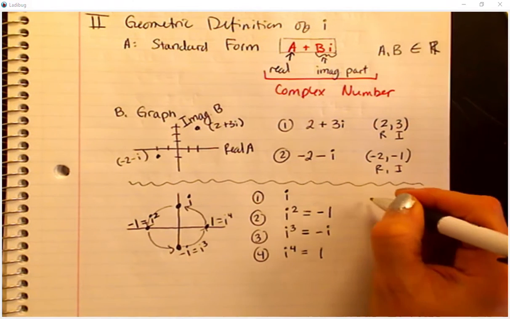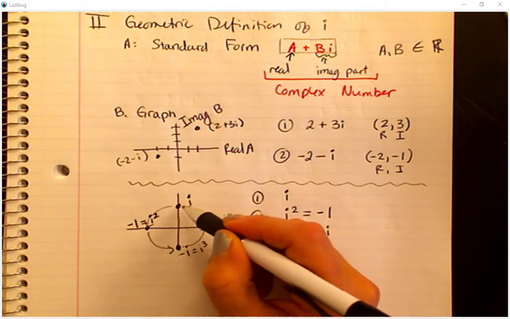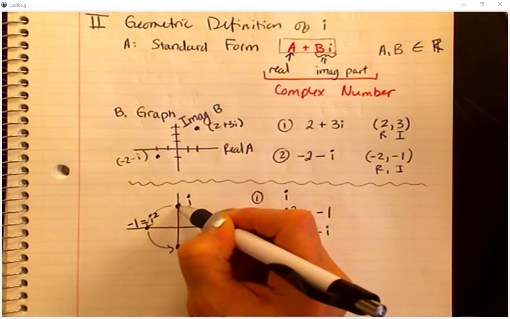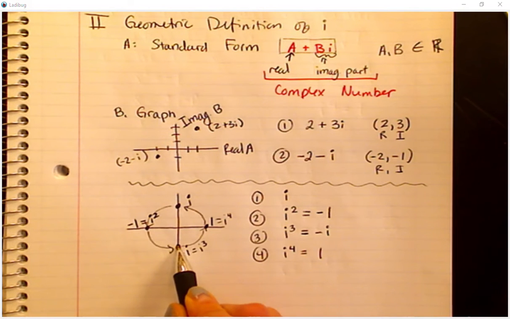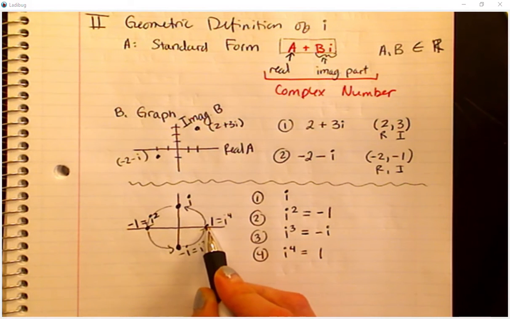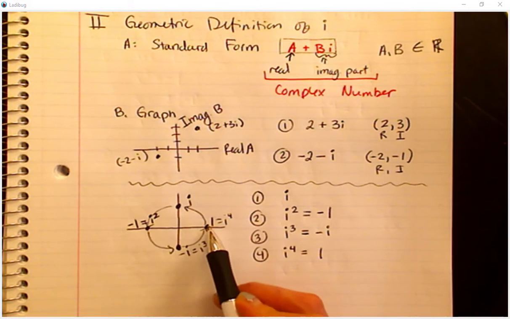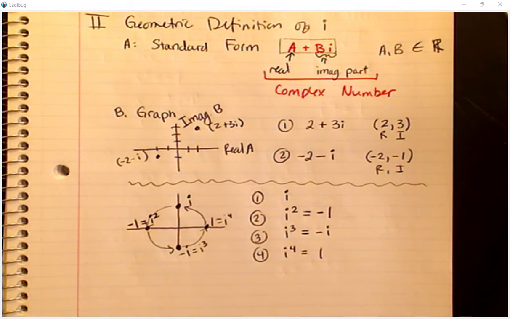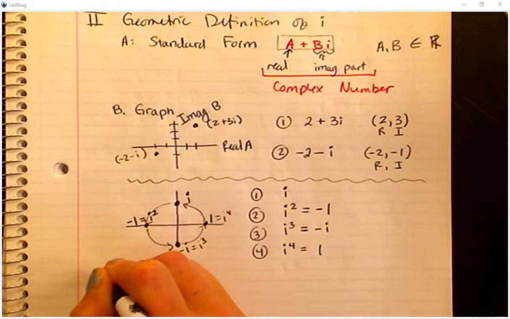Like, what would i to the 5th be? It's another 90-degree rotation. And i to the 6th, rotate again. i to the 7th, rotate again. i to the 8th, rotate. 9, 10, 11, 12. i is a 90-degree rotation.